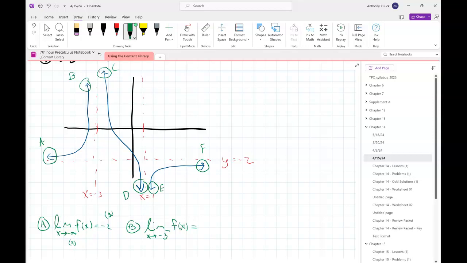Positive infinity. Let's look at arrow I've labeled C. What x value is C pointing at?